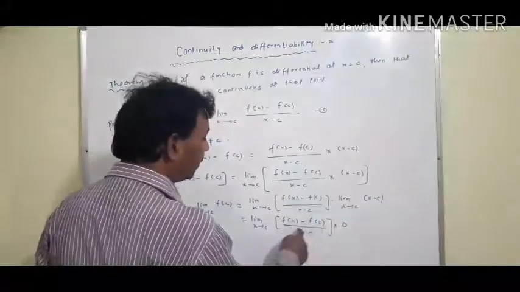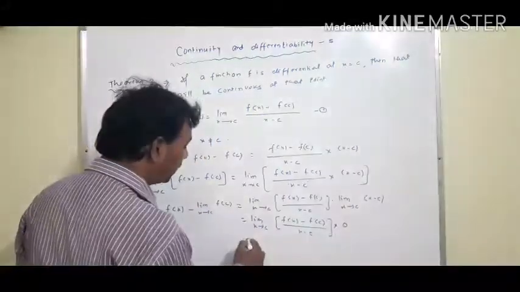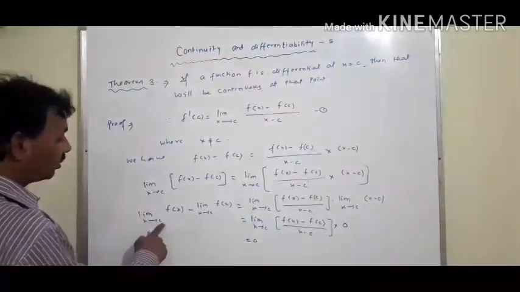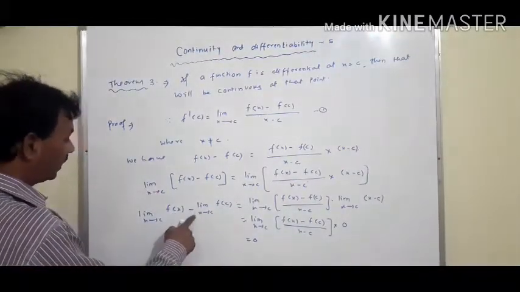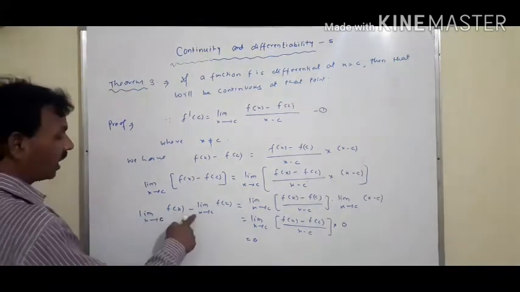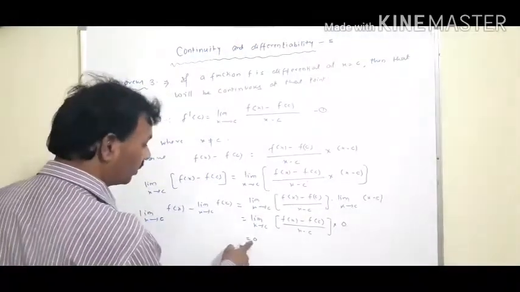As you know, if you multiply any function or any number by 0, the result is always 0. That means limit x tends to c of f of x minus limit x tends to c of f of c equals 0.